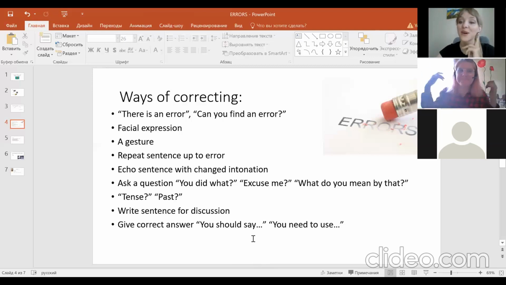So we have to pay super attention that we use different things. Actually, this study said that the most useful is when you use not just one, but several. Especially if the student makes mistakes many times, the best way is to change the way of correction. So if you were always using one thing, try using another. Maybe it will help. I'm not sure how it works with students in real life. It's just a study, but I think it will work.